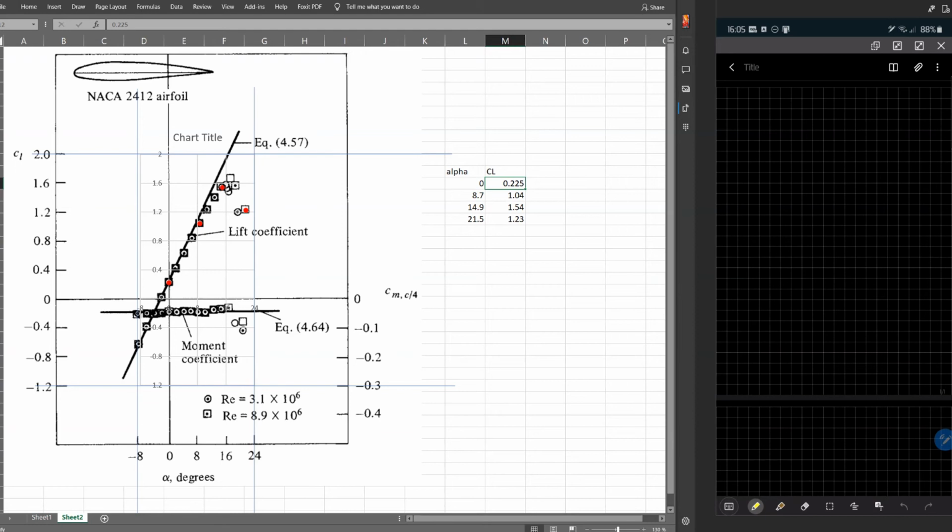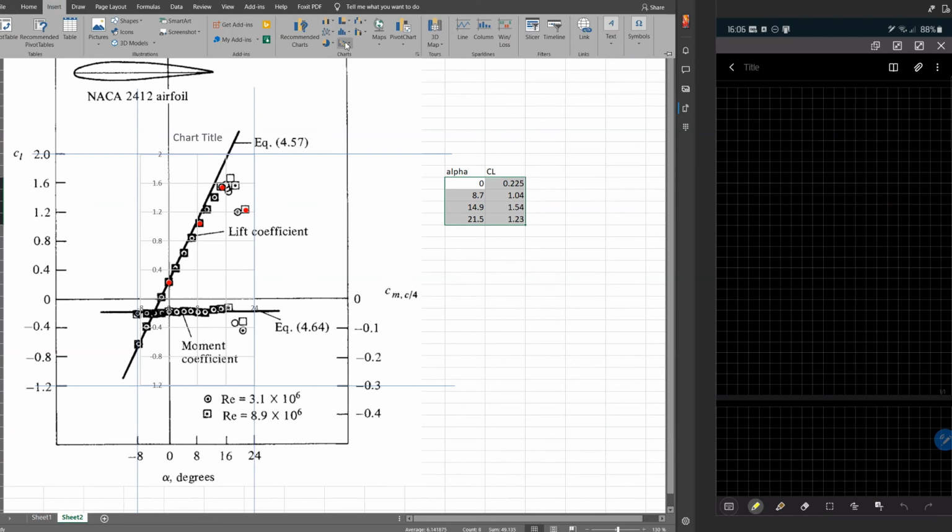I already prepared it, so it's very, very close to experimental. But just looking by eye, we can write some preliminary numbers of alpha, and we can write some preliminary numbers of the lift coefficient.